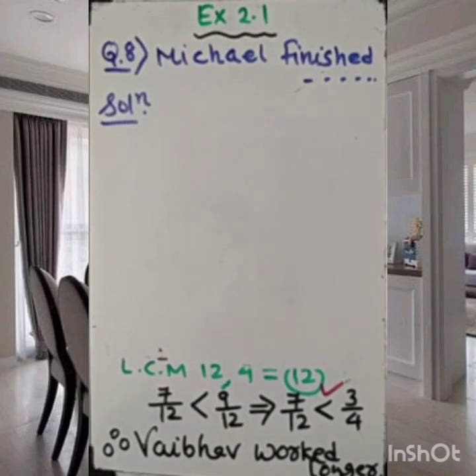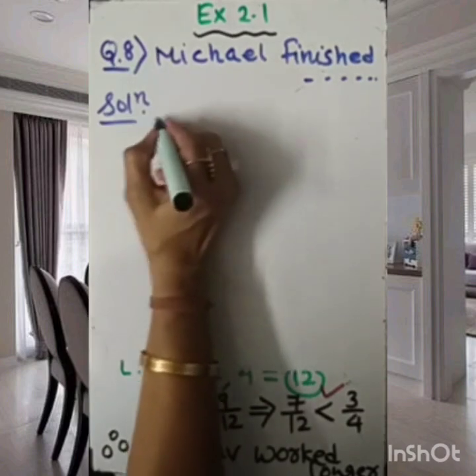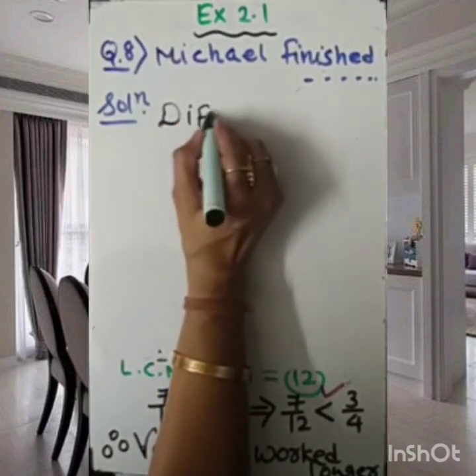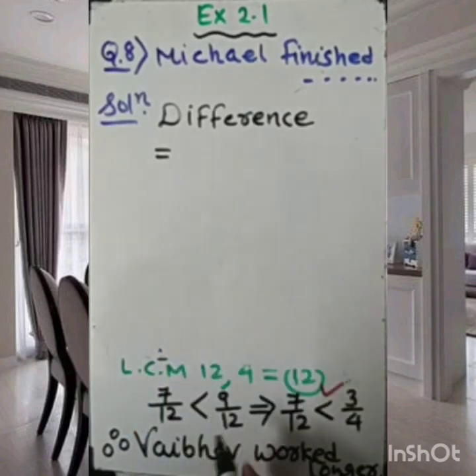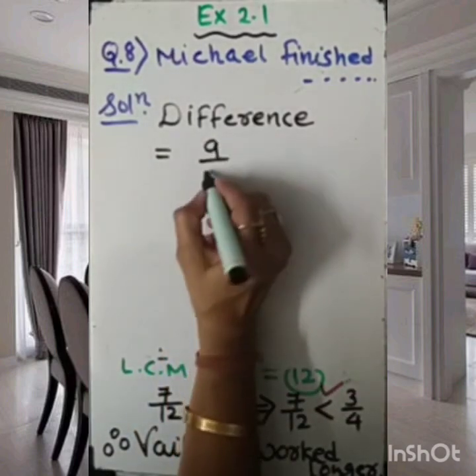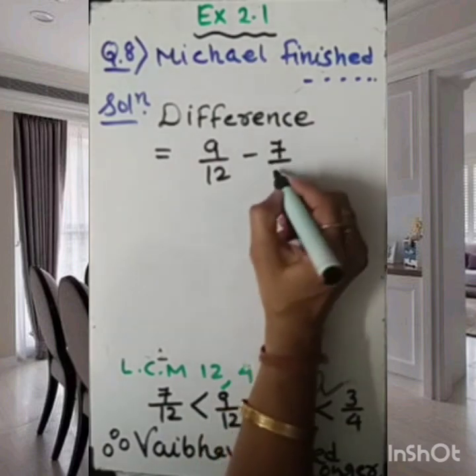So, dear student, we want to find by what fraction it was longer. It means the difference of both of these. I need to find the difference. You can see 9 by 12 is the bigger one. We always subtract the small fraction from the big fraction.